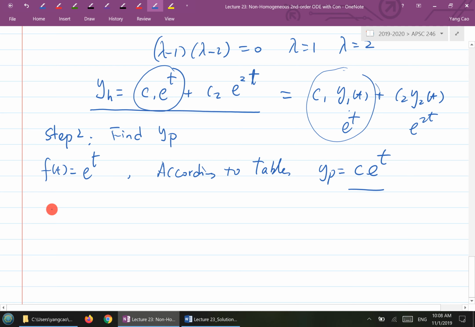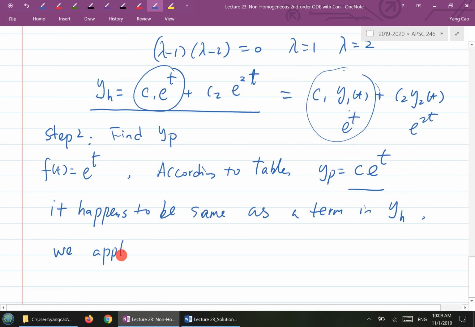So essentially, I will write it down: if it happens to be similar or the same as a term in yh, then we have to apply the modification rule, rule number 2.